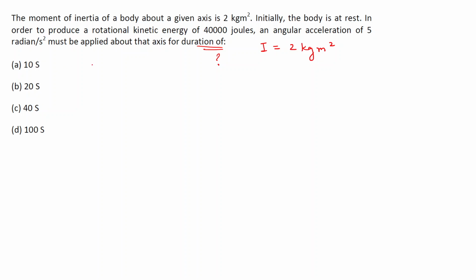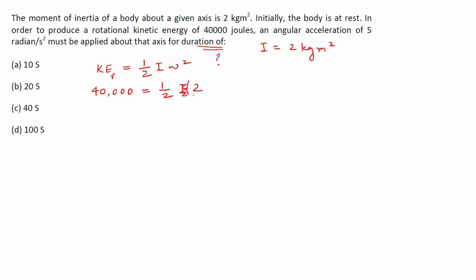So the rotational kinetic energy formula we know, right? Rotational kinetic energy is given by half I omega square, and this value we have already been given, which is 40,000 joules. The I value is also given, so I'll substitute that here.